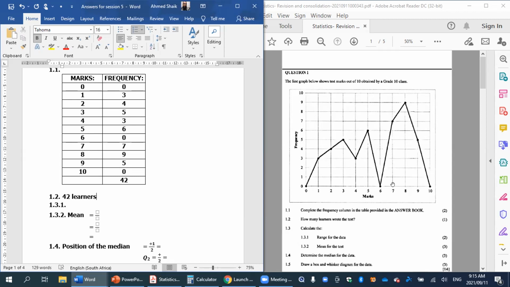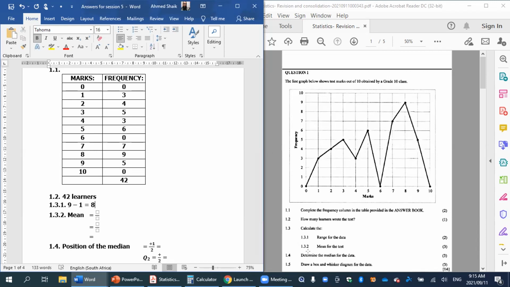We can see the highest value that we have is mark 9, and the lowest value is 1. So the range is going to be 9 minus 1, which is equal to 8.